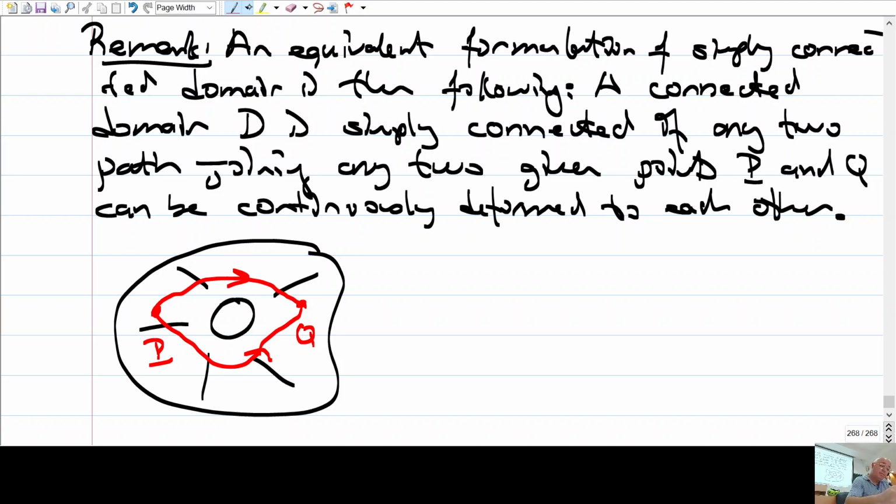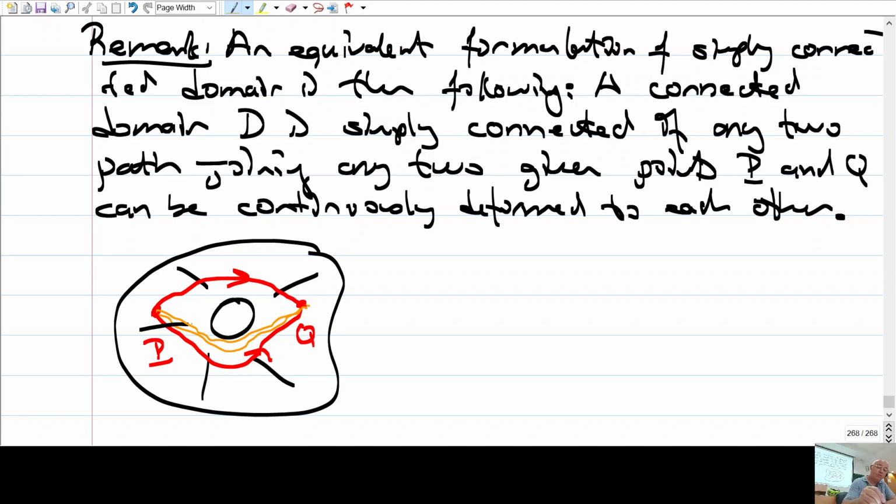By just pushing one of them, keeping the endpoints fixed, I can come up to here, but I cannot just go over this hole. Therefore, this path cannot be deformed to this path.